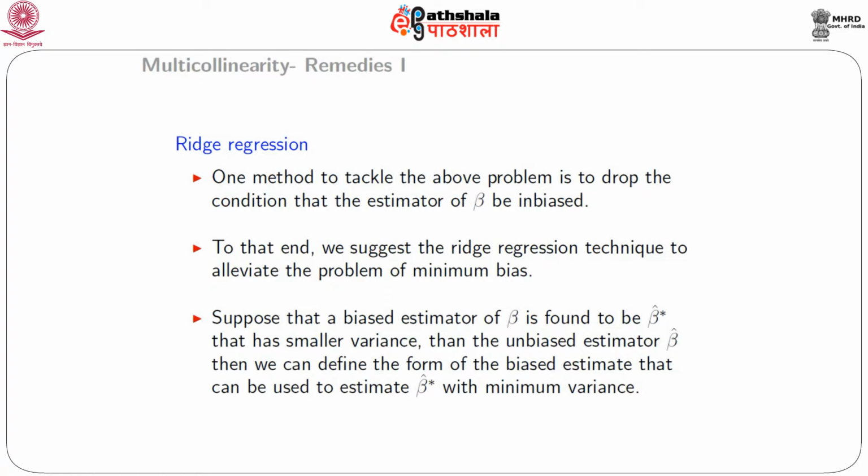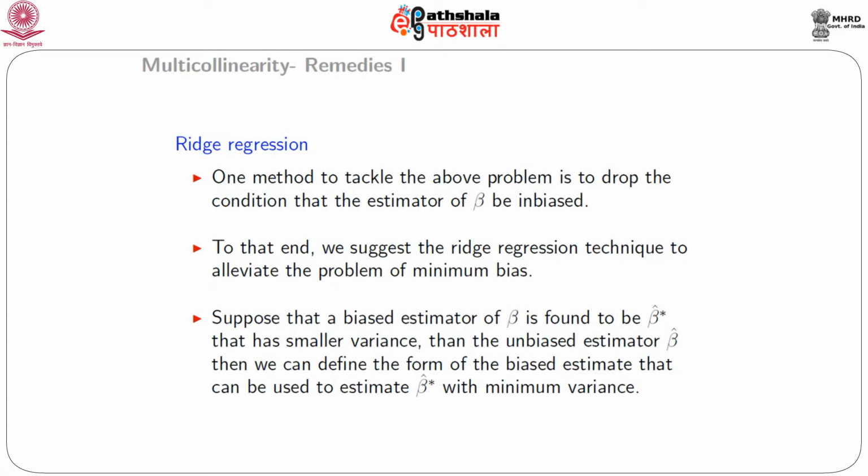Now, suppose that a biased estimator of beta is found to be beta hat star and that has a smaller variance than the unbiased estimator beta hat. Then we can define the form of the biased estimate that can be used to estimate beta hat star with minimum variance.